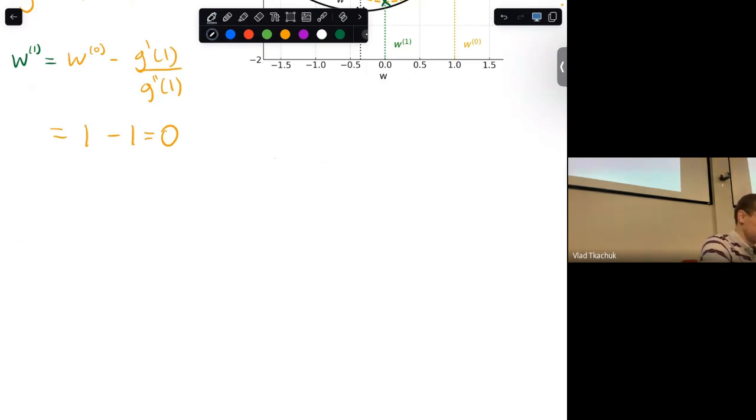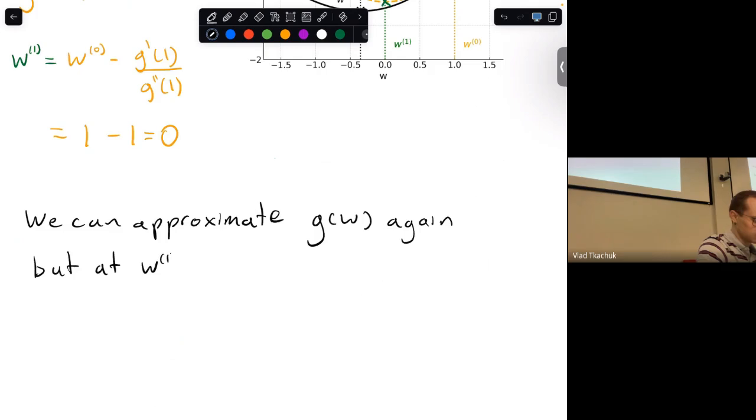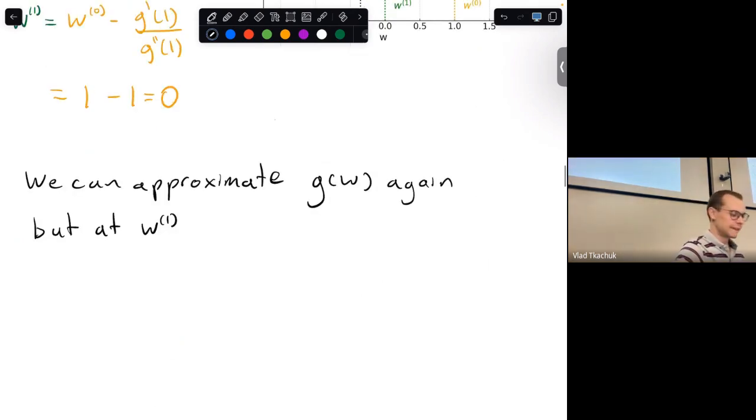So this is basically what I said, which is that we can approximate g of W again, but not at W0, but at W1. And this thing is closer to W star than W0 was.